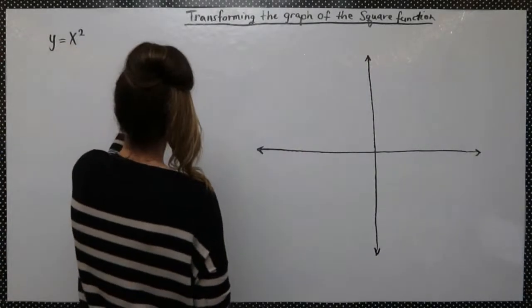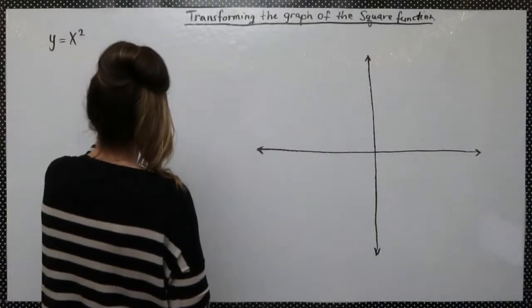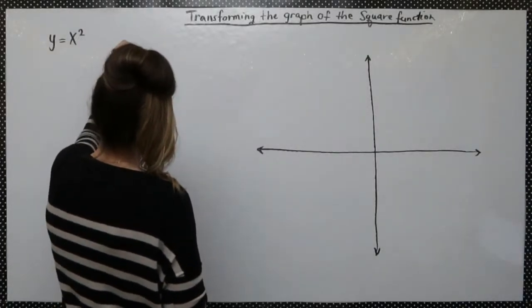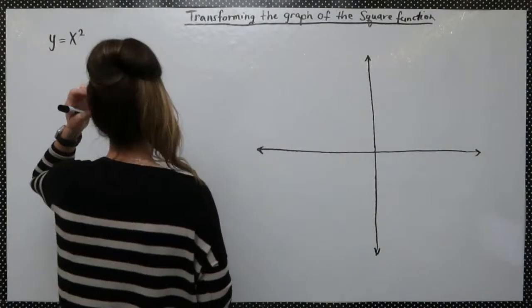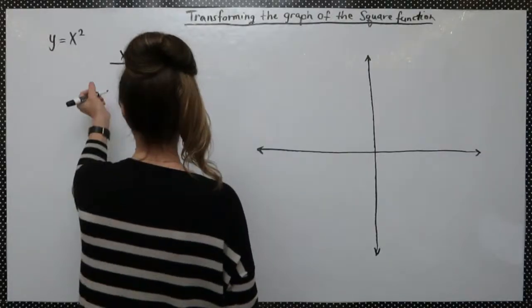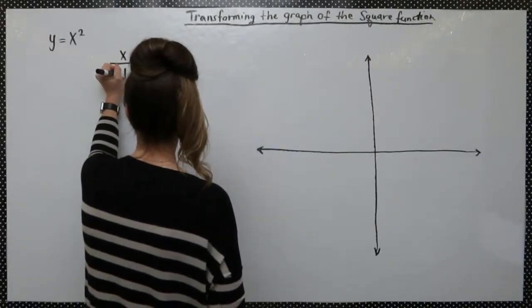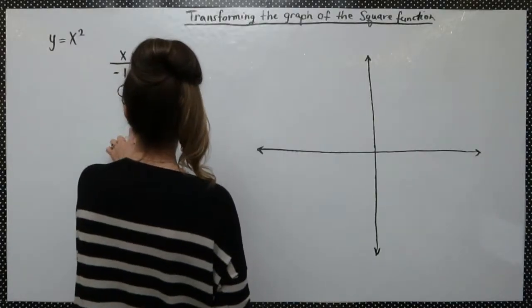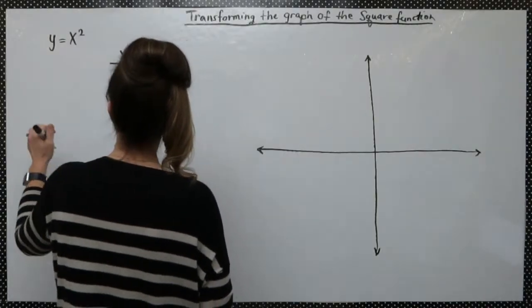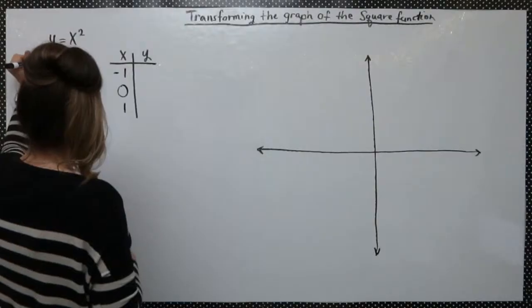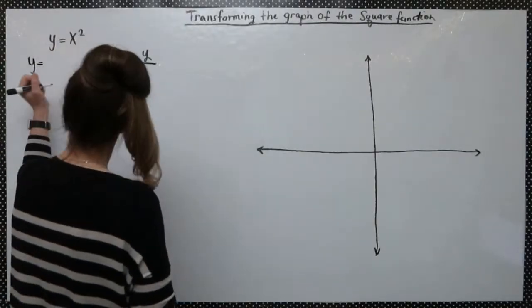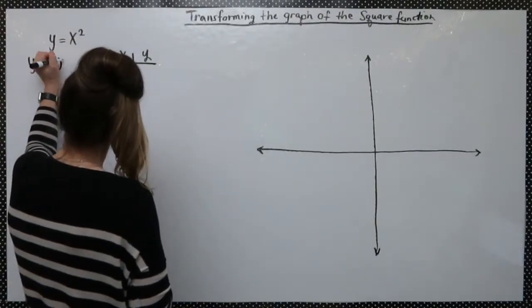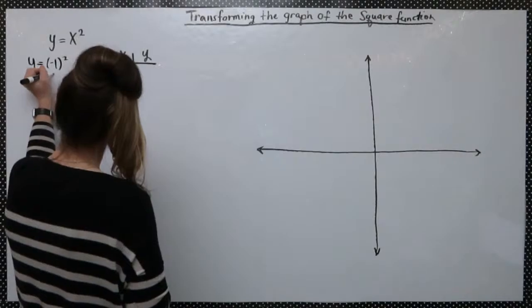x comma y, and negative 1, 0, and 1. We're just going to use those happy 3 points. When x is negative 1, when you square a negative, you get a positive.